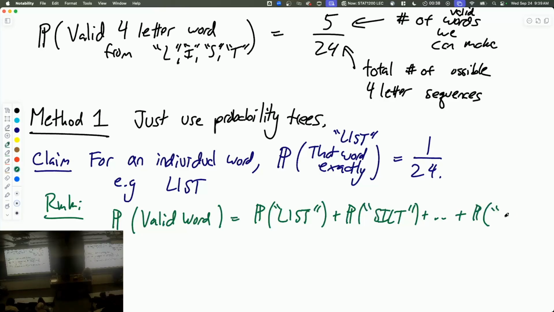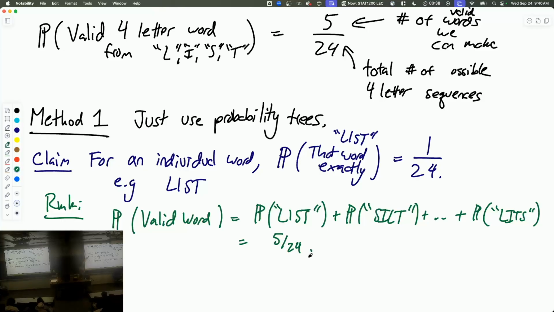The weirdest one was lits, which some people will disagree is a word, but is in the Scrabble dictionary. So there's 5 words. They are disjoint. It is not possible for it to be list and lits at the same time, and therefore you can add the probabilities. And so if the probability of each one is 1 out of 24, the total probability will be 1 plus 1 plus 1 plus 1 plus 1, all out of 24, which is 5 out of 24.